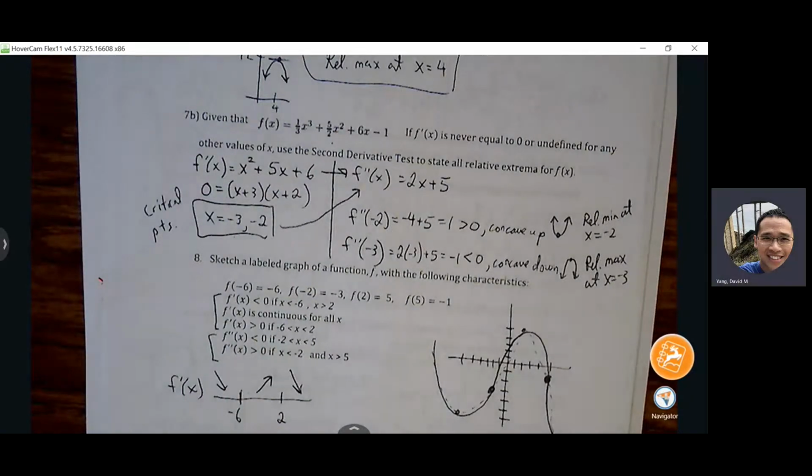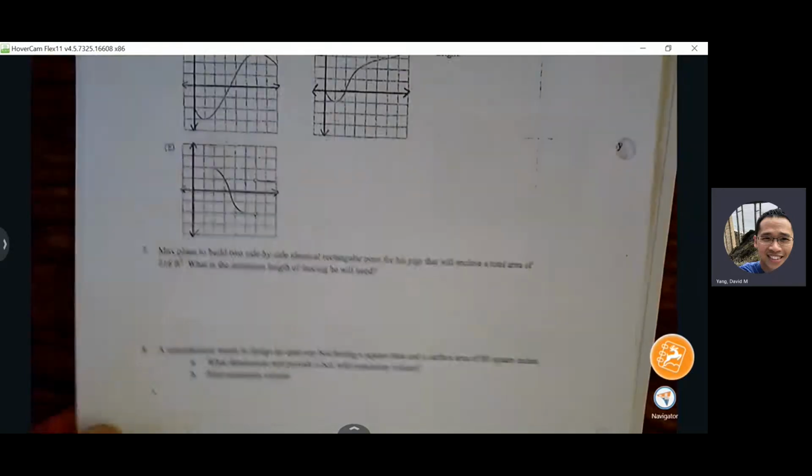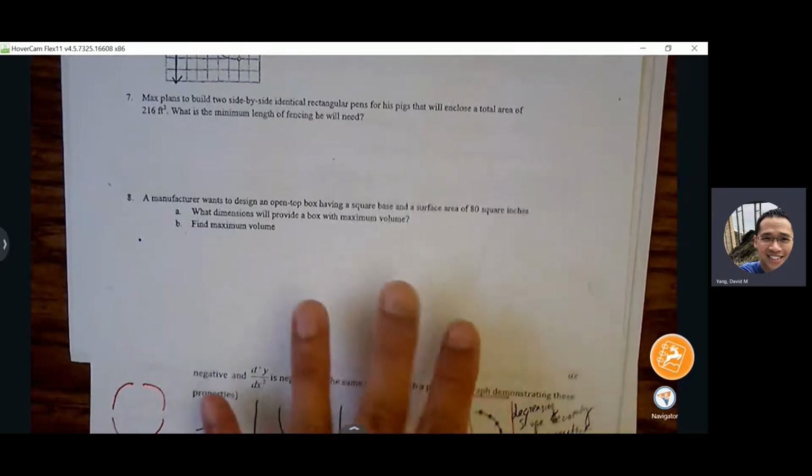Okay, let's go to our test review. And let's do an optimization problem. Page 2, number 8.